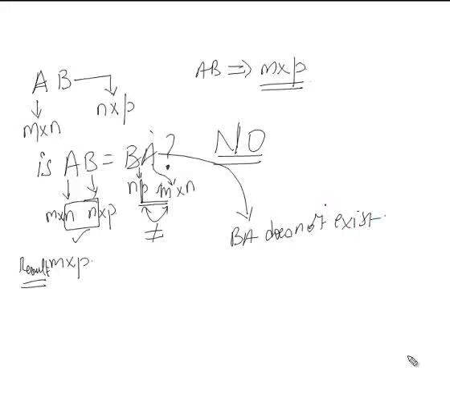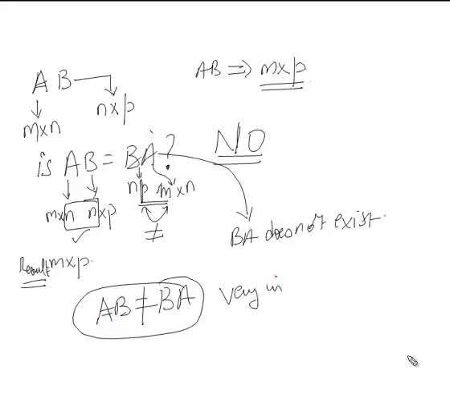So hence AB is not equal to BA. Please remember this. This is very, very important with respect to matrix manipulation. AB need not be equal to BA. This is not always true.